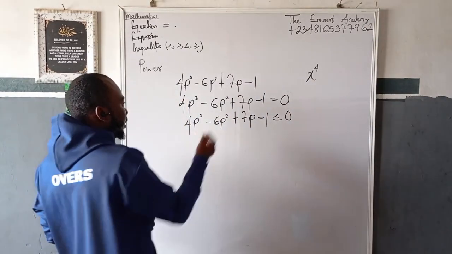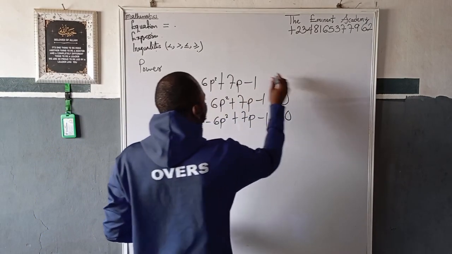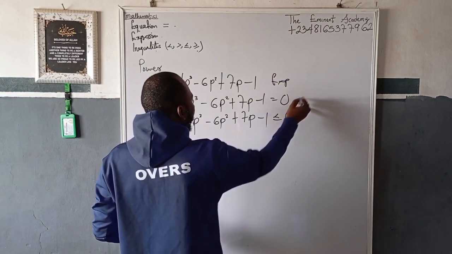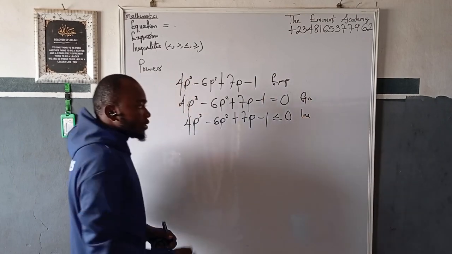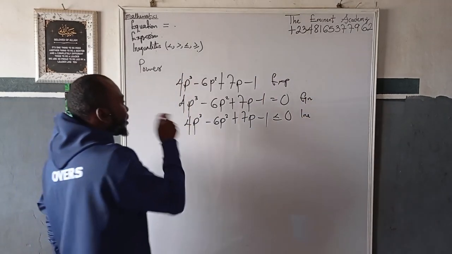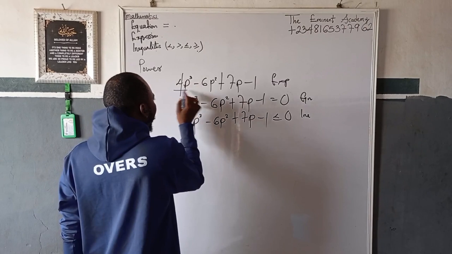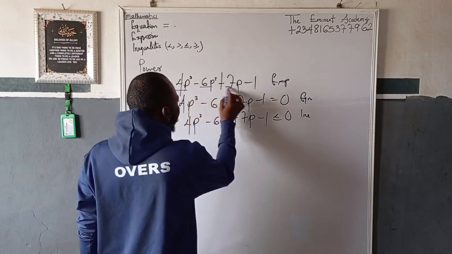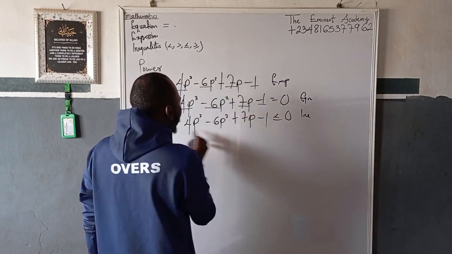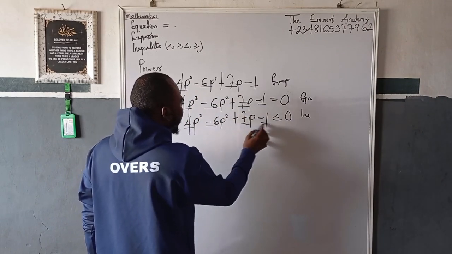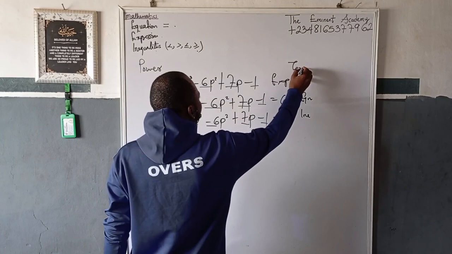Now, it is clear that the first one is an expression, this is an equation, while this is an inequality, right? So that being clear, each member of this expression, this equation, and this inequality is called a term.